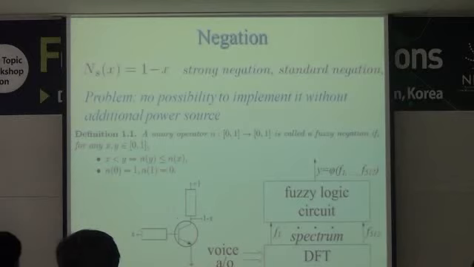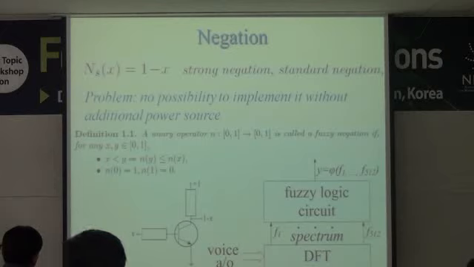First way is use, instead of strong negation, the weak negation, and this is what we also simulated, and we obtain the similar results as we have obtained before with strong negation.